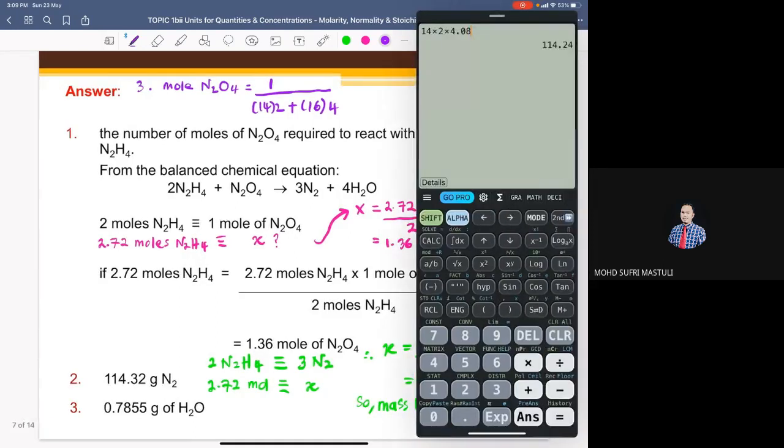You can use your calculator: 14 times 2 plus 16 times 4, then 1 over the answer. So you get 0.0109 mole.